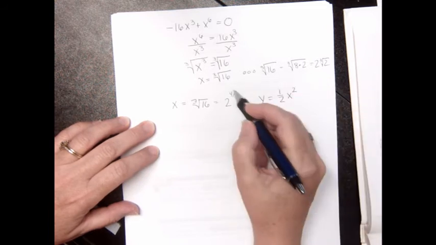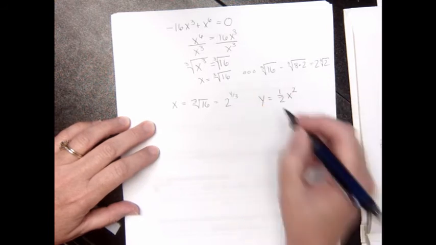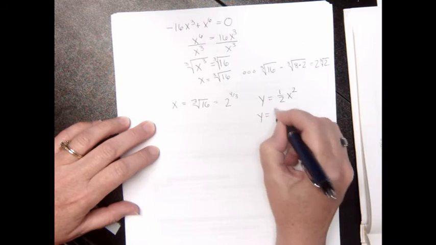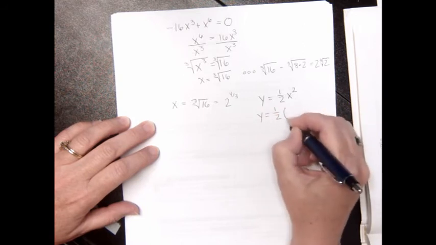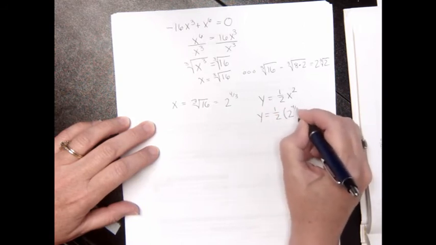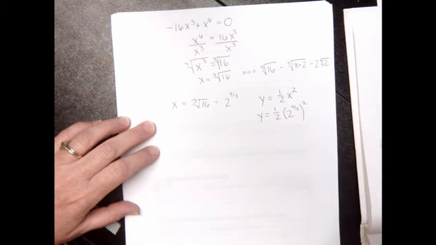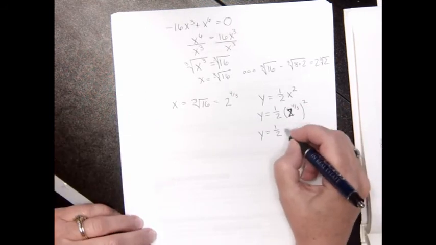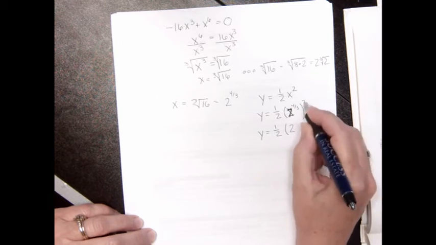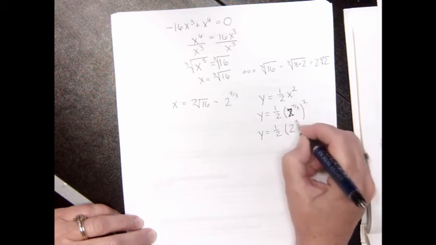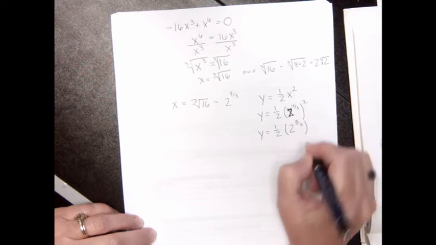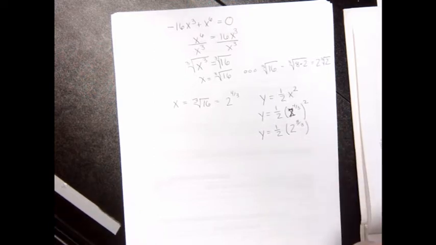So when I plug my x value in to get y, I have y equals 1/2 times 2 to the 4/3 squared. So we have 2 to the 8/3 here. Okay, 1/2 times 2 to the 8/3.